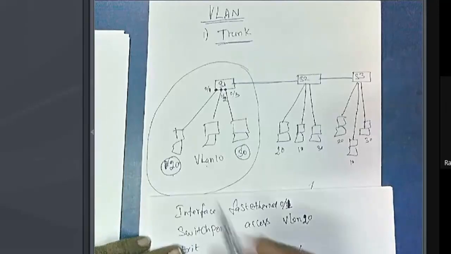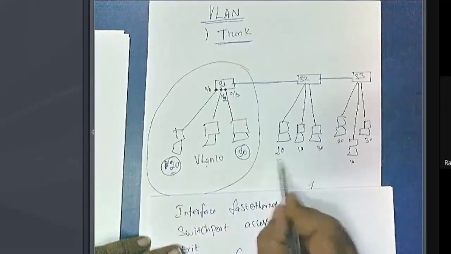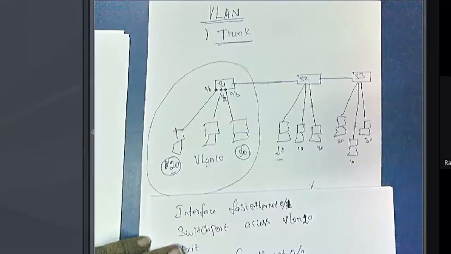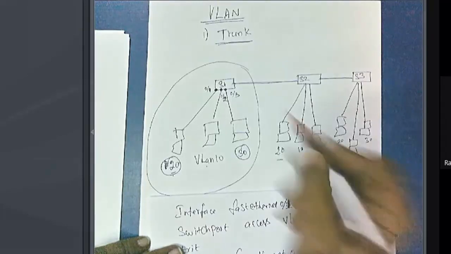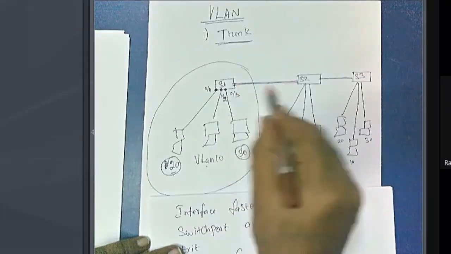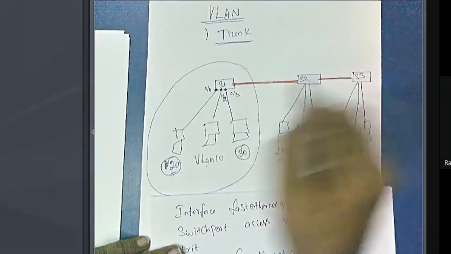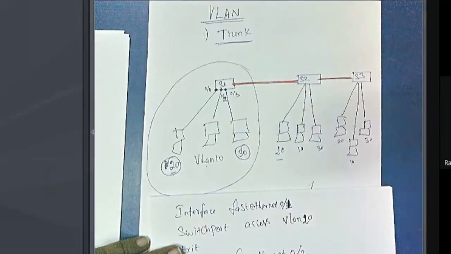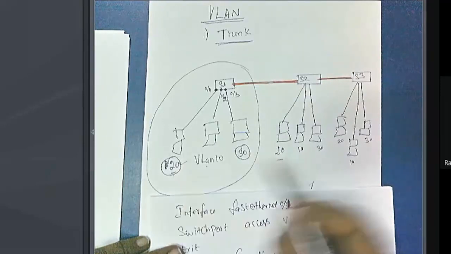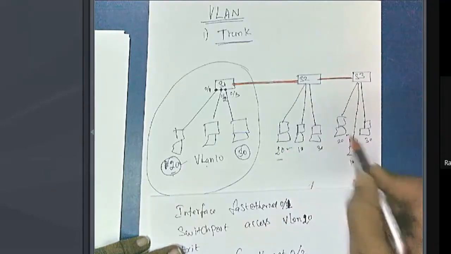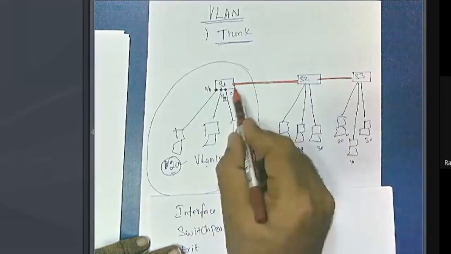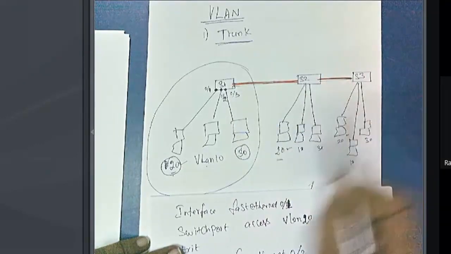Now, if I ping from 20 to 20, it will not communicate. Even though they are in the same VLAN, they cannot communicate. Why? Because we have to make this port a trunk port. You have to make these two trunk. I'm going to identify this: VLAN 20 is available here, here, and here. So if I make this a trunk, then only they can communicate with each other.